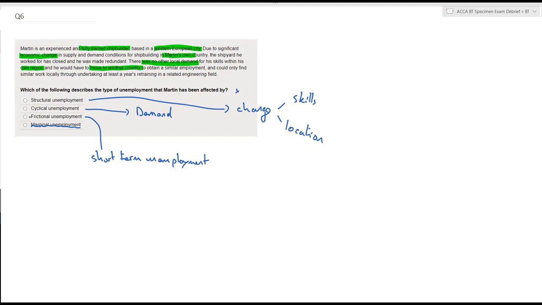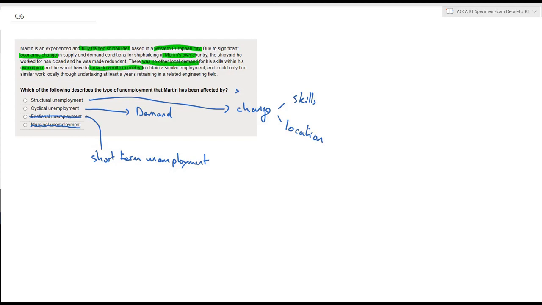So I'm definitely going to remove frictional unemployment as an option. It's got nothing to do with short-term unemployment. I've then got to decide whether this is a structural change or something around the aggregate demand in this economy.